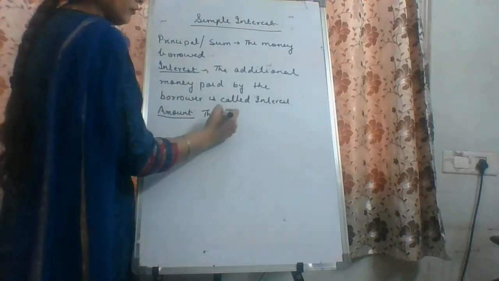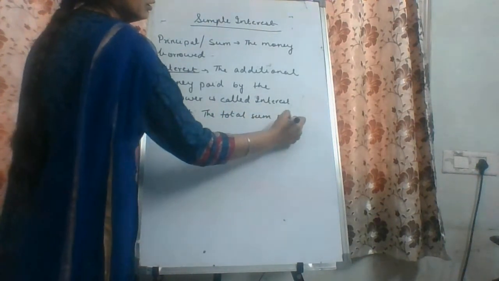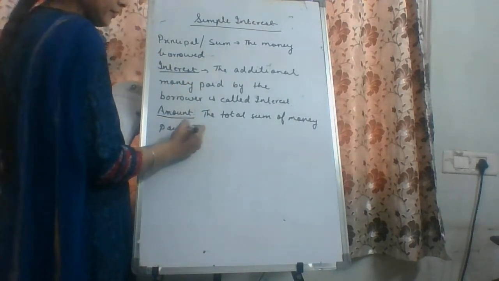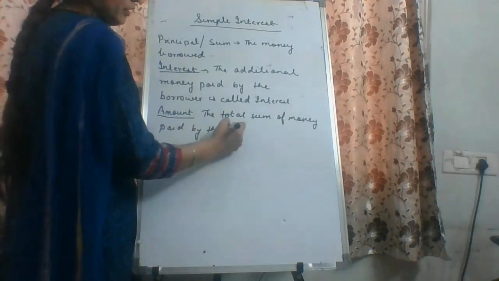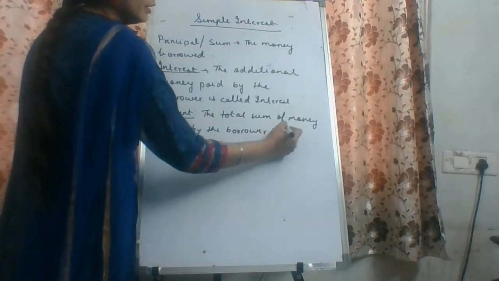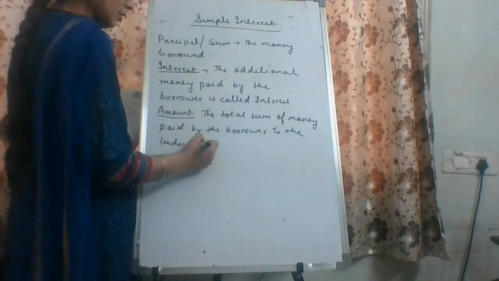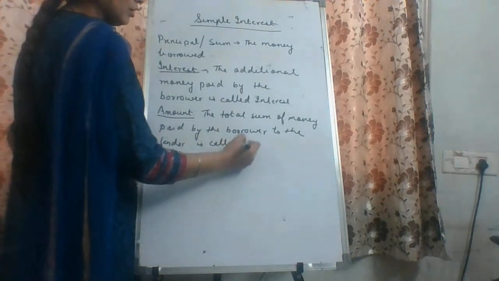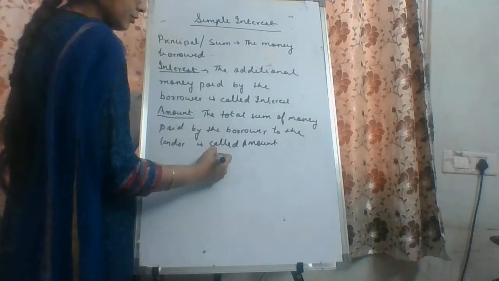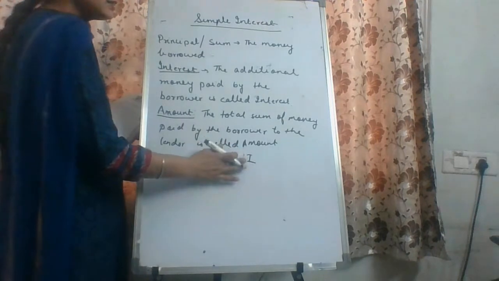The total sum of money paid by the borrower to the lender is called amount. This is equal to what? Principal plus interest.